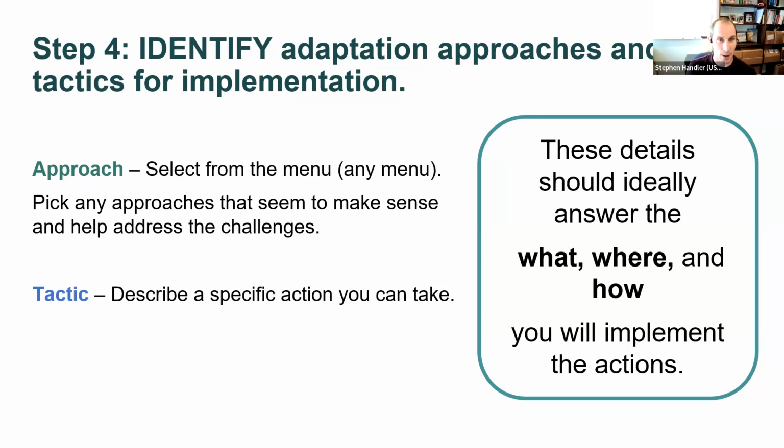You'll be selecting approaches that are predefined for you. And then you'll be presented with a series of pop-up boxes that help you articulate all the technical details. The what, the where, the how. So be prepared to spend a lot of time on this step writing tactics and to make them as detailed as possible.